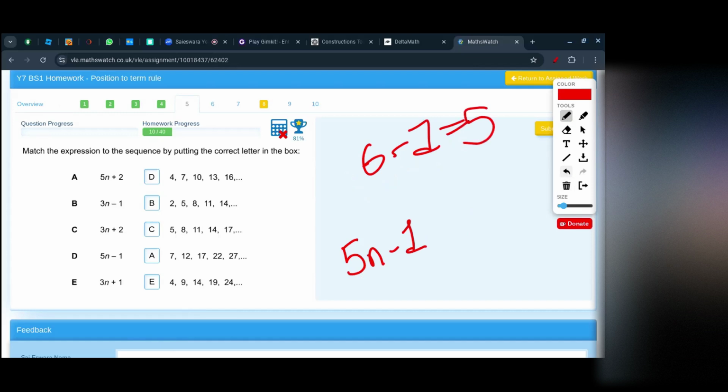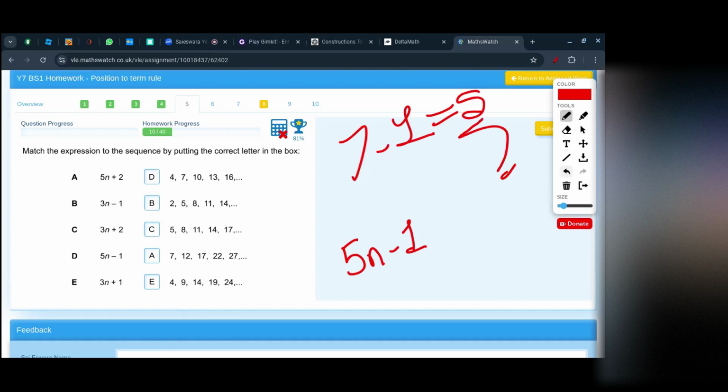If we put n equal to 2, what is the answer? 7 minus 1 equals 5. How is it 7? 5n minus 1, you're putting n equal to 2. What is happening between 5 and n?